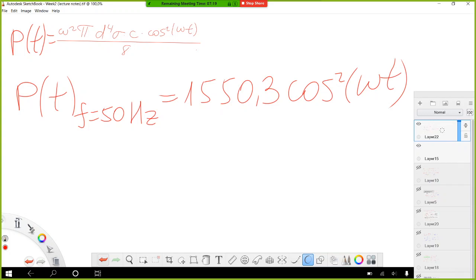Okay, now we need to find power for f equal to 100 hertz.